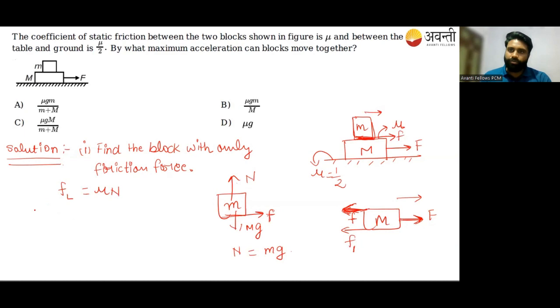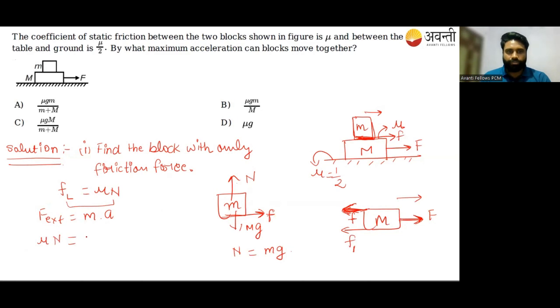Okay. If I try to apply Newton's second law here, which is F external equals mass of the block into acceleration of the block. This acceleration would be maximum if I put the limiting friction value, because on this block the only external force is friction. So friction here, mu times N, equals mass into acceleration.